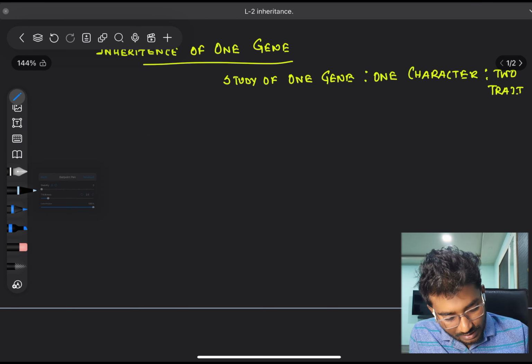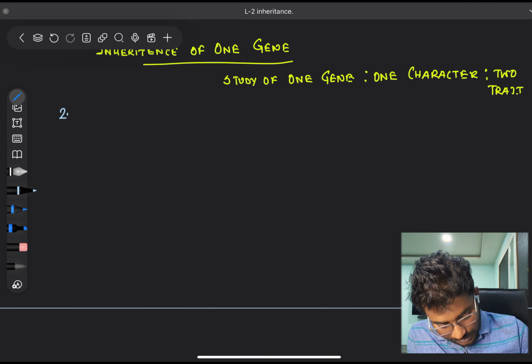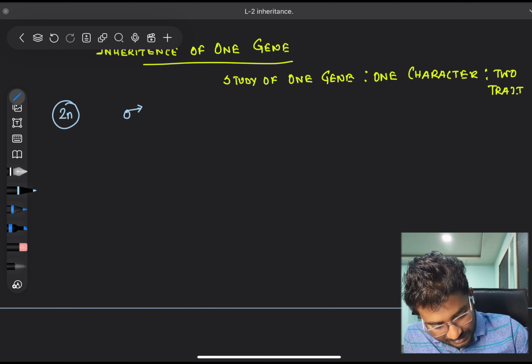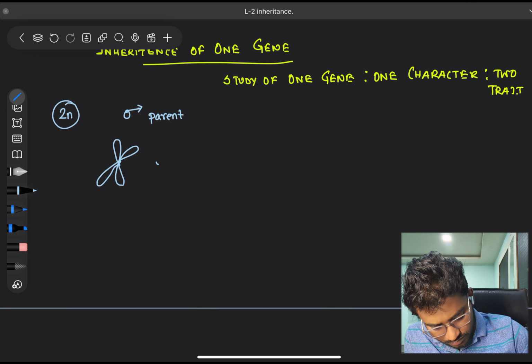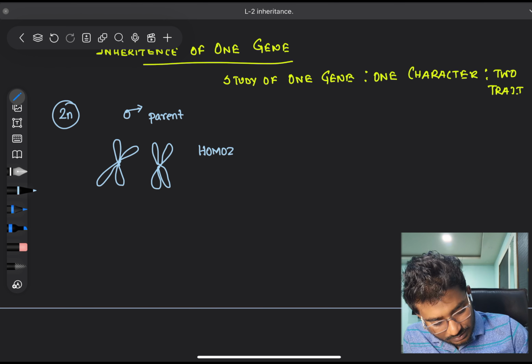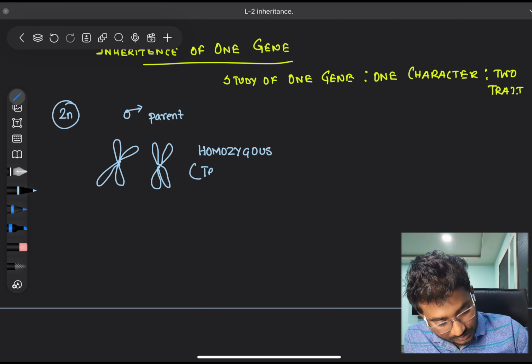Okay, now what happens here? Let it be 2n and it is the male parent. I am drawing the chromosome. This is homozygous, that is true breeding.